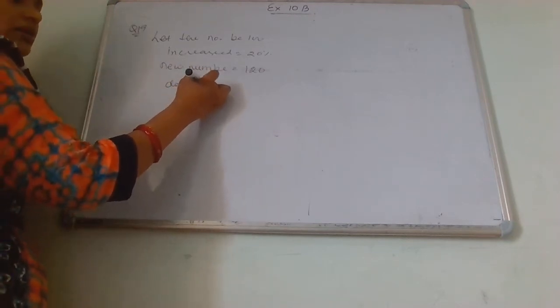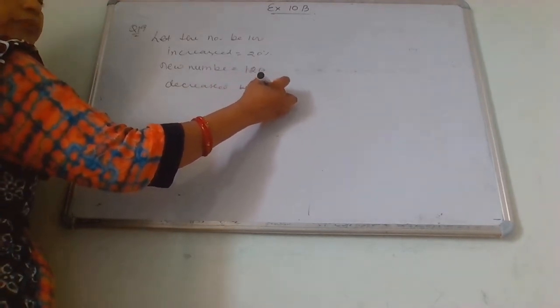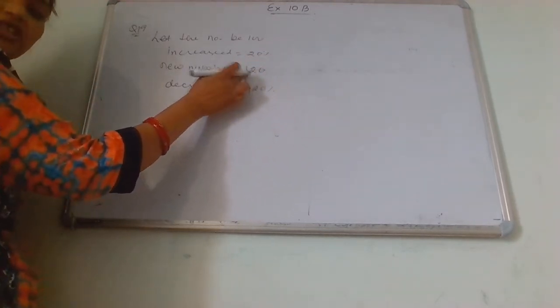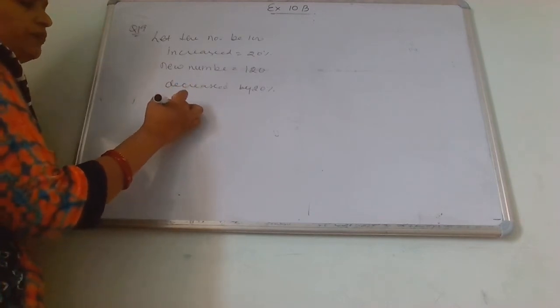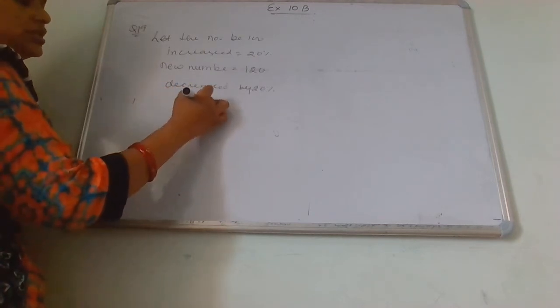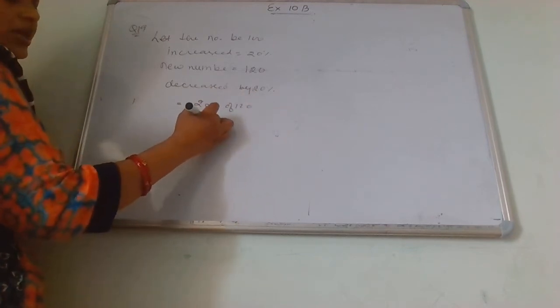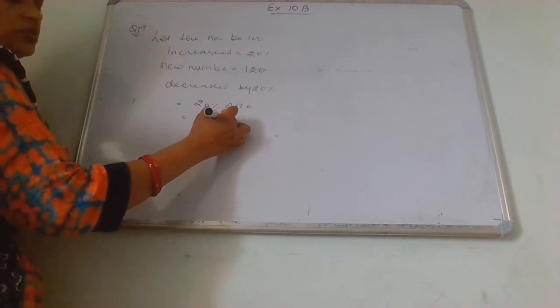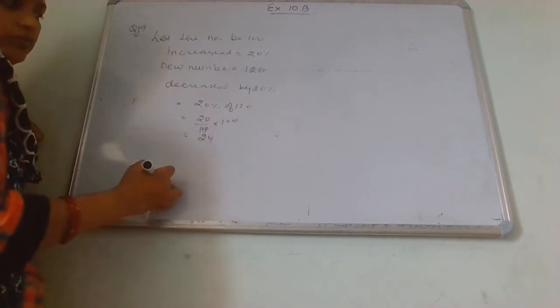Now it is decreased by 20% again. So 20% of what? So 20% of 120. So 20 by 100 into 120 is 24.